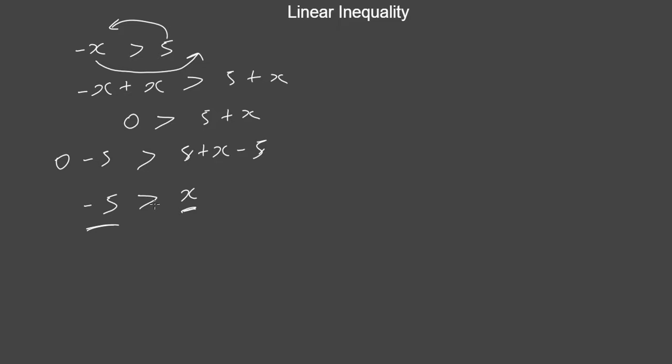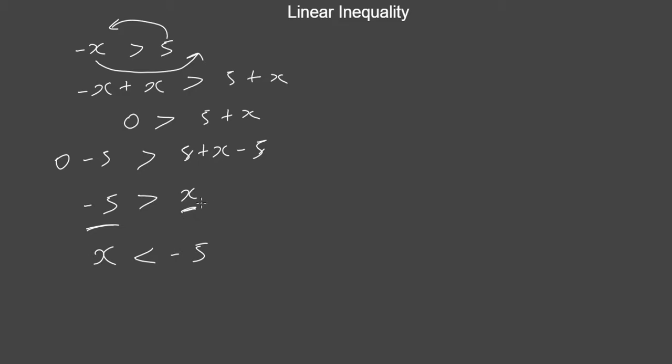Because if I'm greater than something, then that thing is less than myself. So by taking away the minus from the x, you've indirectly flipped. But if you flip the whole thing around, it becomes x less than minus 5.